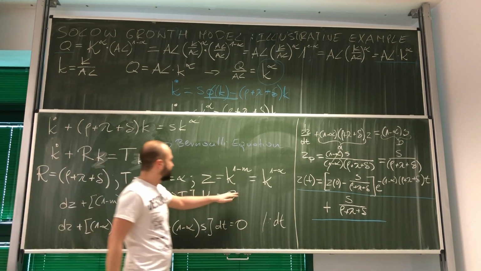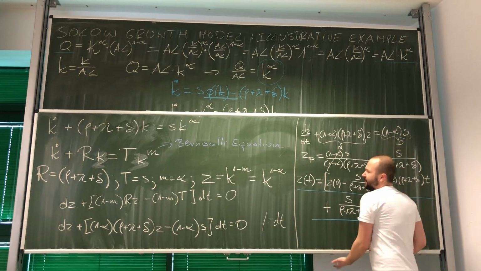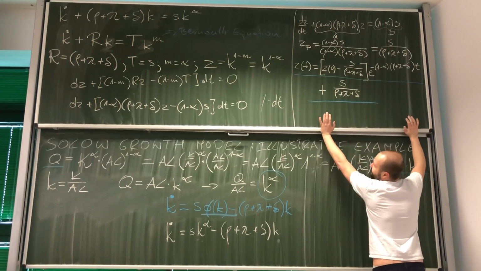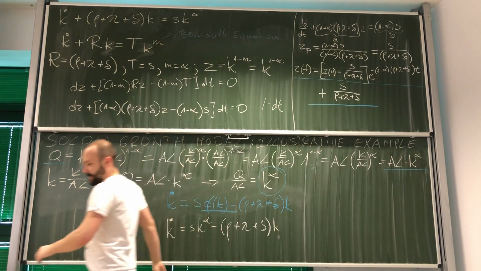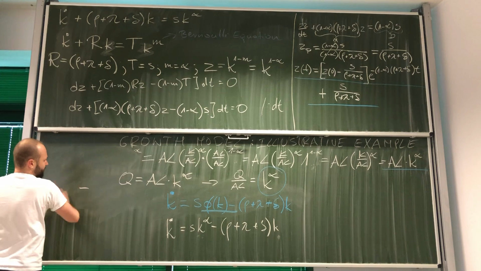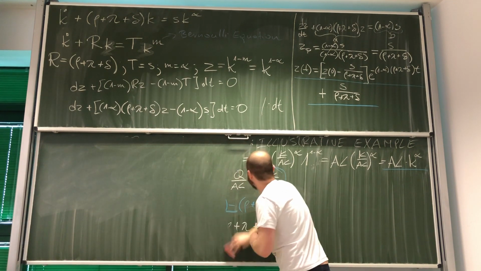But I hope that you remember that we already defined this over here, so it shouldn't be that much of a problem. Okay, so let me erase this. We don't need anything from here anymore.